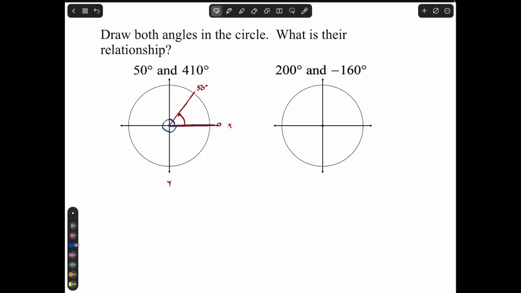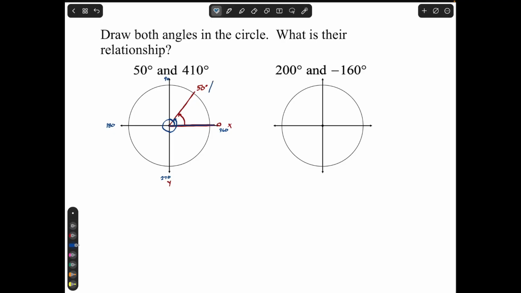How much more do we have left to go to get to 410? Well, that's another 50 degrees, so it's going to end up right here. So not only is this 50 degrees, but this is also our 410 degree mark.